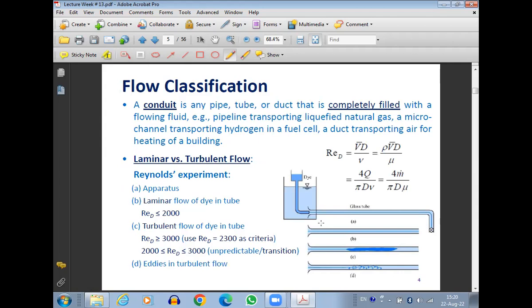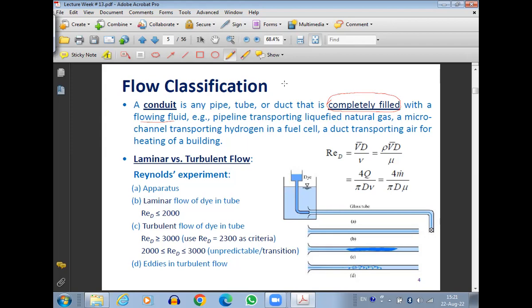Flow classification. A conduit is any pipe, tube, or duct that is completely filled with the flowing fluid. This is one important point here: it should be completely filled with the flowing fluid, so there should not be any free surface. A free surface is there when you have a liquid in connection with a gas, or when you have more than two fluids flowing or present together at the same time.